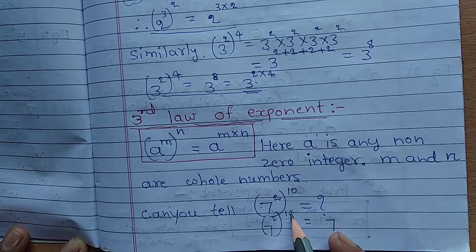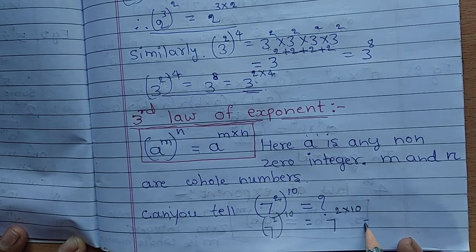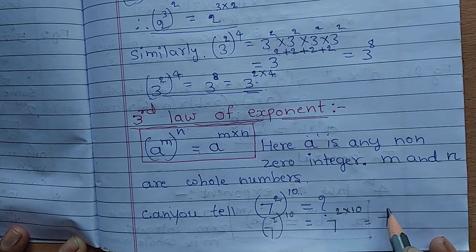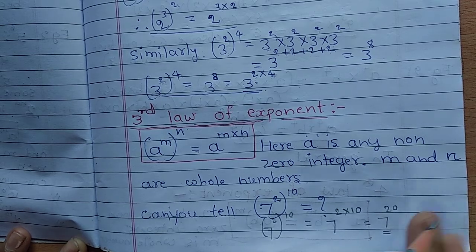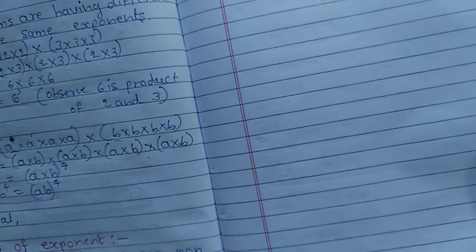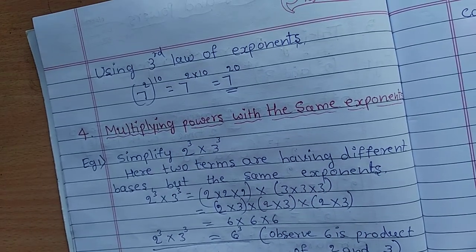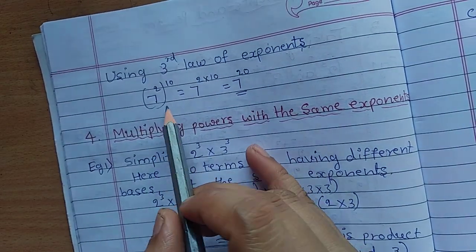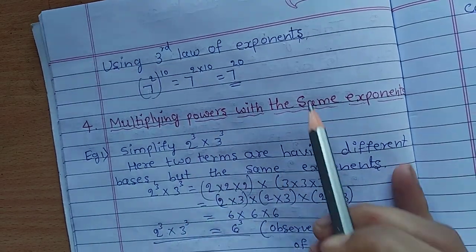We have to multiply these two exponents. 2 into 10 is 20. 7 raised to 20. So using the third law of exponent, it is 7 raised to 20.